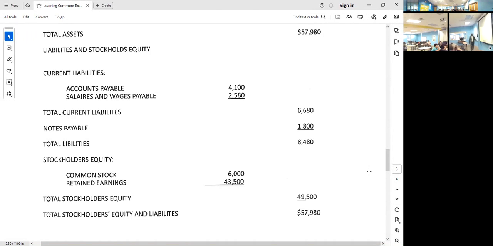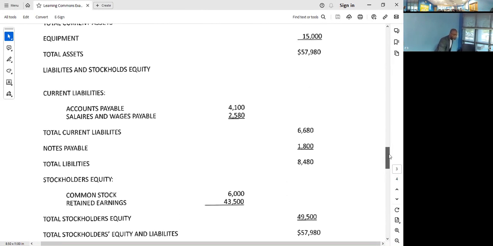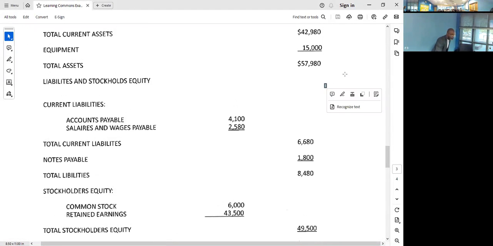Now, as you can see, my stockholders' equity and liabilities is 59,980. We compare that to our total assets. Up here, see the total assets there? Total assets is 57,980.